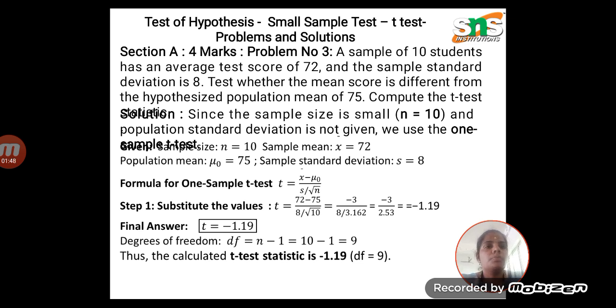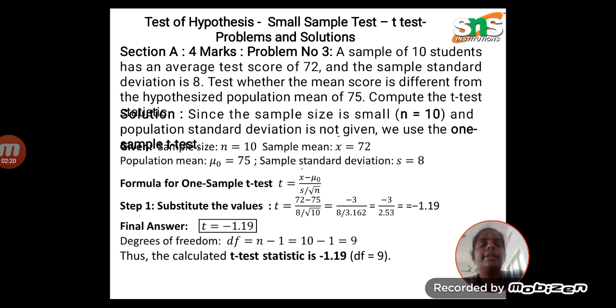Okay, so I am going to substitute those values in my formula. I get 72 minus 75 divided by s by root n, that is 8 by root 10. If I subtract it, I get minus 3 divided by, if I compute my denominator, the value 2.53. Finally I divide the numerator by the denominator, so my value is minus 1.19, which means the t value of this problem is minus 1.19.